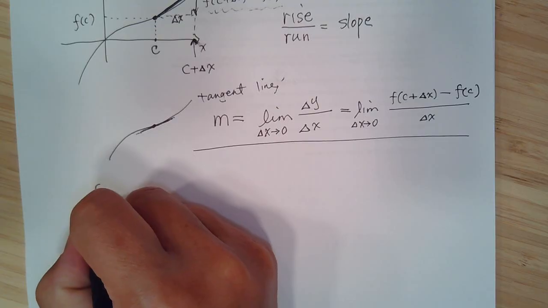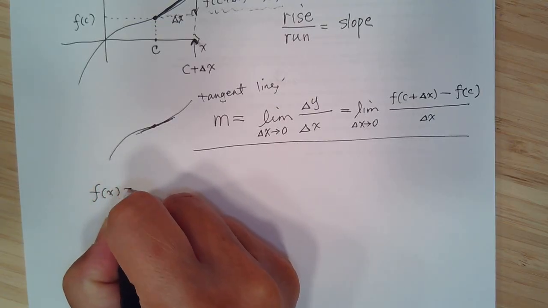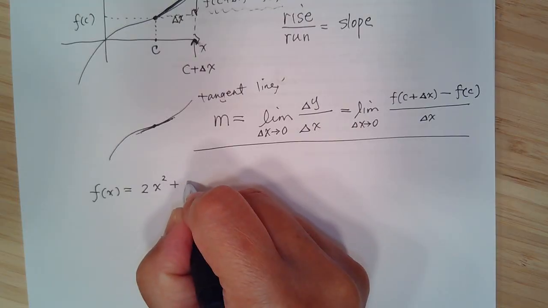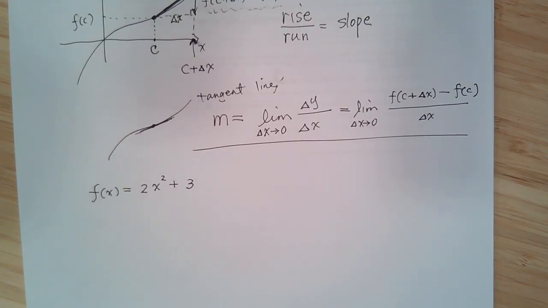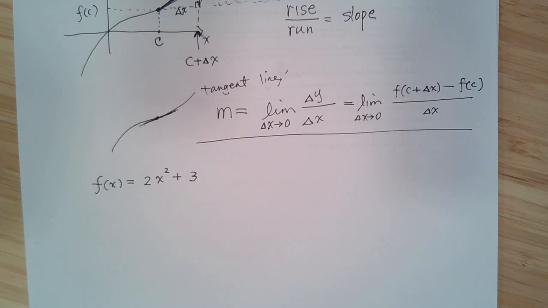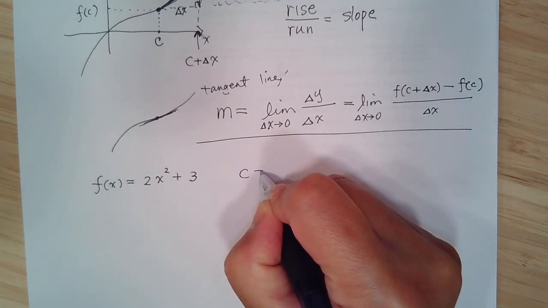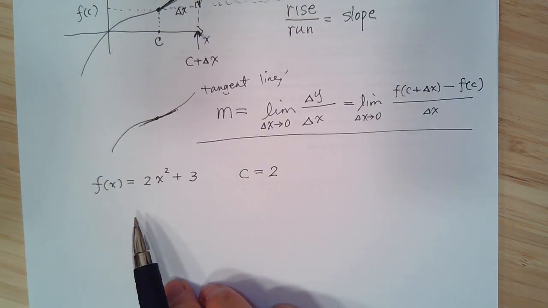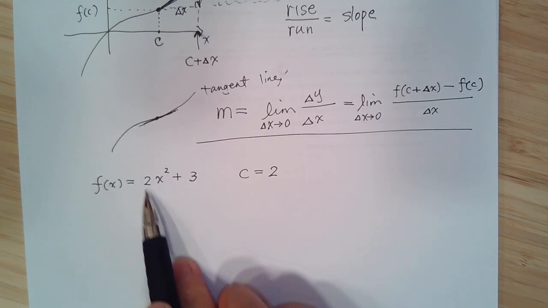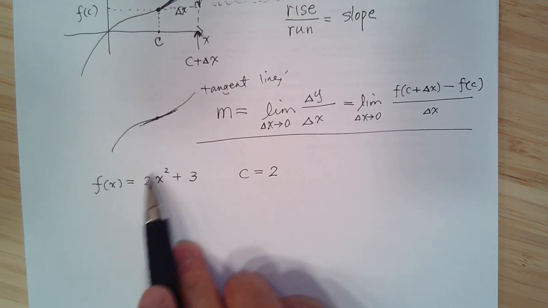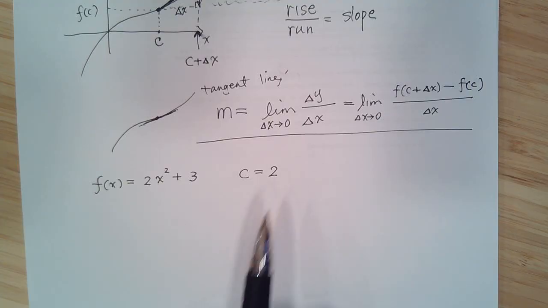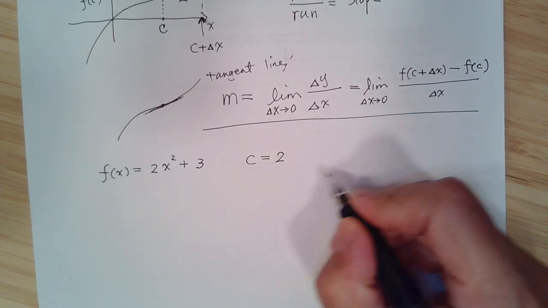I have f of x equals 2x squared plus 3. Can you find the slope of the tangent line of this function when c equals 2? Okay, we just need to plug in.